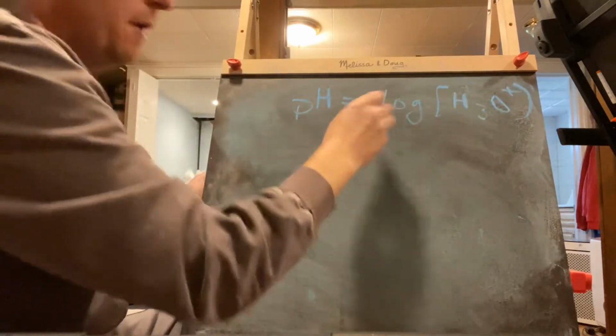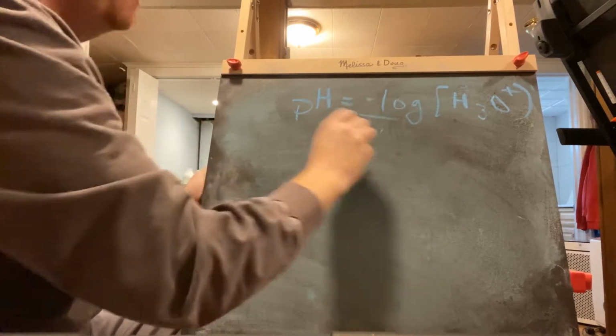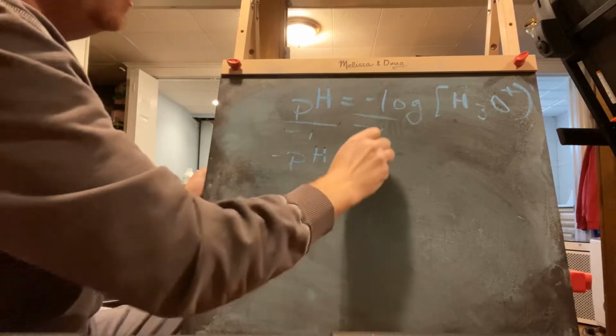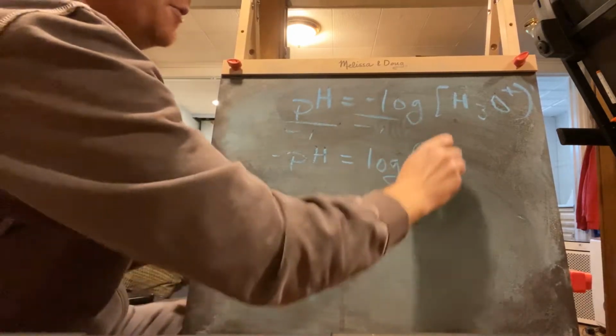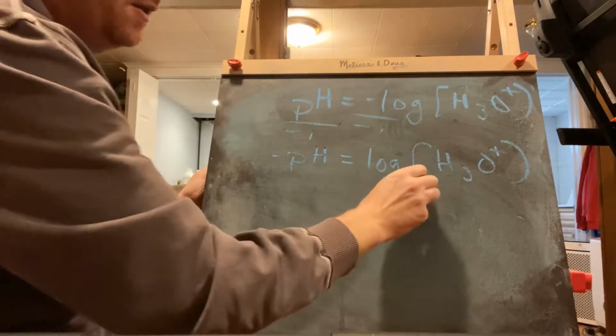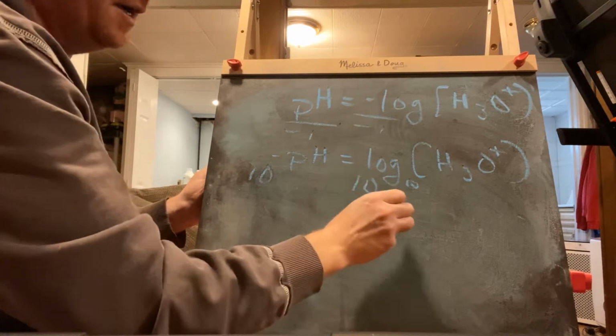Remember before, pH equals negative log of H3O plus. If I wanted to solve for H3O plus, I would divide by negative 1 on both sides. So I'd have negative pH equals log H3O plus. Usually these are log base 10. And then what you would do is you do 10 to either side.